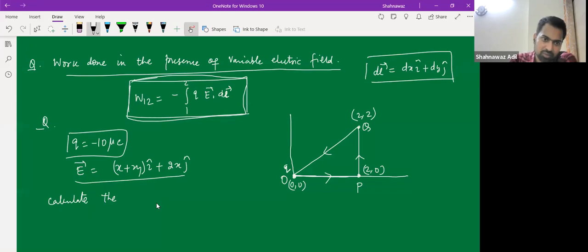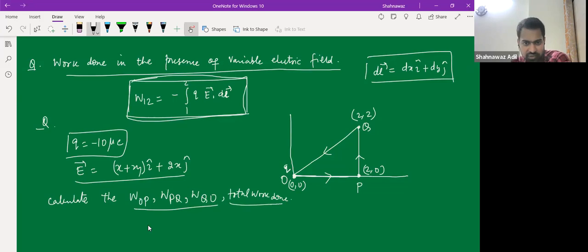Is that clear? Yes, sir. So we have to calculate the work done from O to P, and from P to Q, and then from Q to O. And then we have to calculate the total work done. So this is the question. Is that clear, guys?